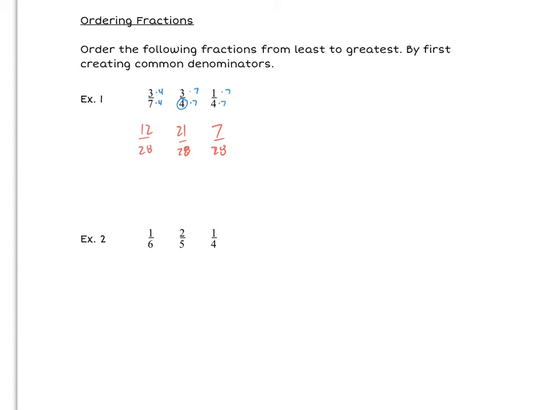Are they much easier to put in order now? Yes. So my biggest one is 21 over 28, so that's my 3/4. My middle one is the 3/7, that's 12 over 28. And my smallest one would be my 1/4. So there they are in order.